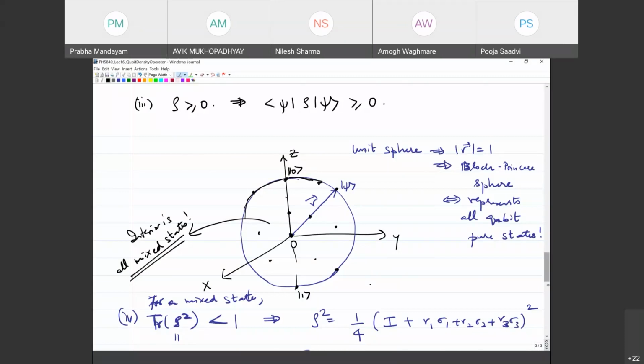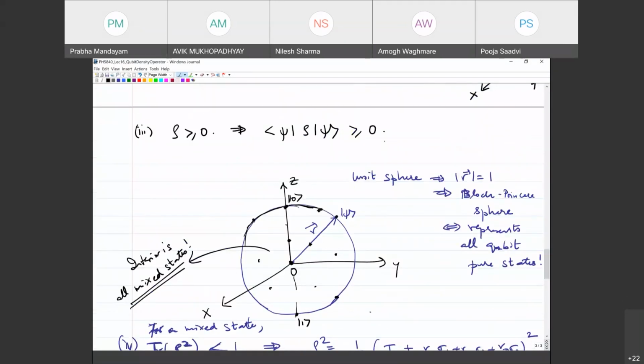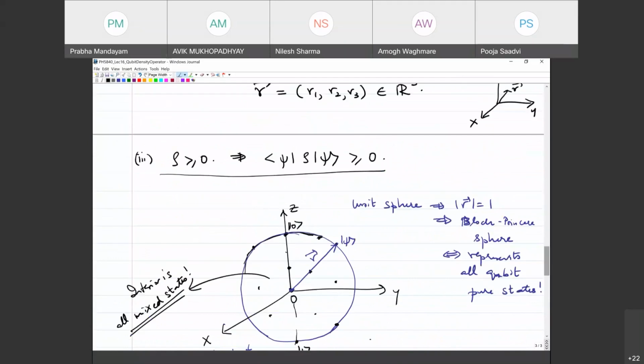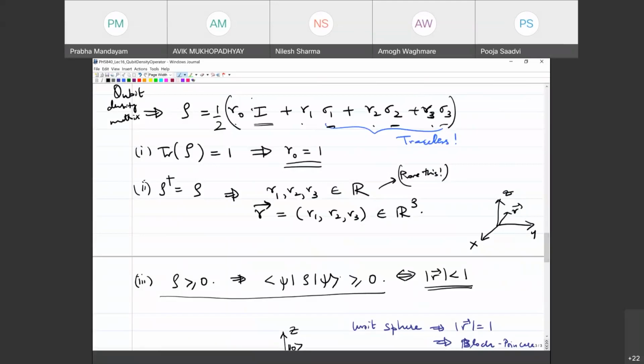Maybe before that, this last point, sorry, I forgot to talk about this, the positivity. So now I'm going to claim that this condition, that mod r squared be less than 1, mod r less than 1, is the same condition that also guarantees positivity. And this is something for you to check out by taking this inner product, taking this expectation value here. You know that you have the identity matrix, and you know the rest are Pauli matrices.